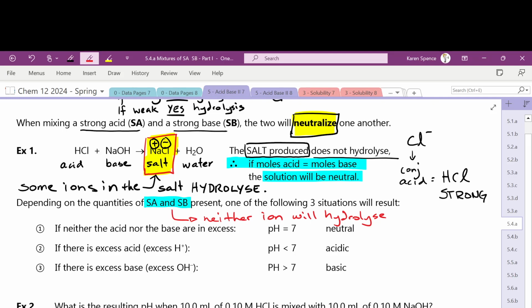So the salt won't affect the pH. The only thing that's going to affect the pH is the quantity of acid you added and the quantity of base that you added. SA stands for strong acid, SB stands for strong base, if you hadn't caught that yet, okay?